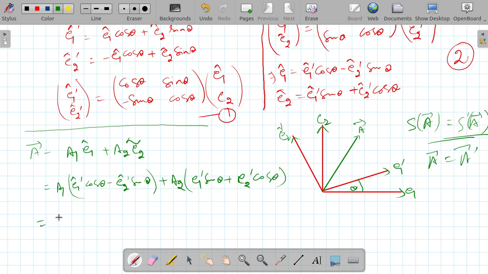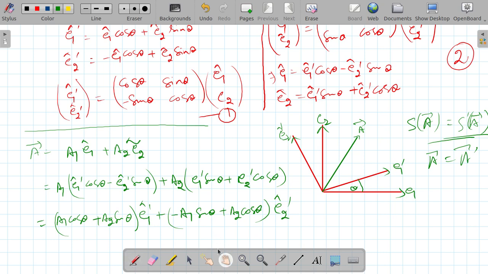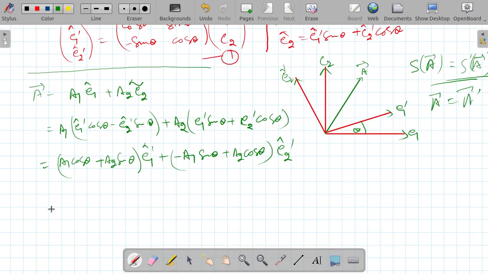This modifies to A1 cos theta plus A2 sin theta, times E1 prime, plus minus A1 sin theta plus A2 cos theta, times E2 prime. So this can be written as A1 prime E1 prime plus A2 prime E2 prime.